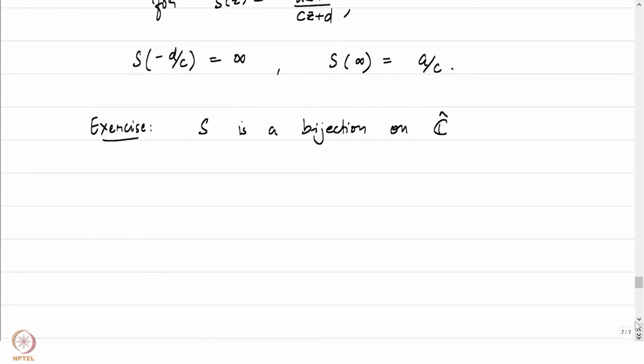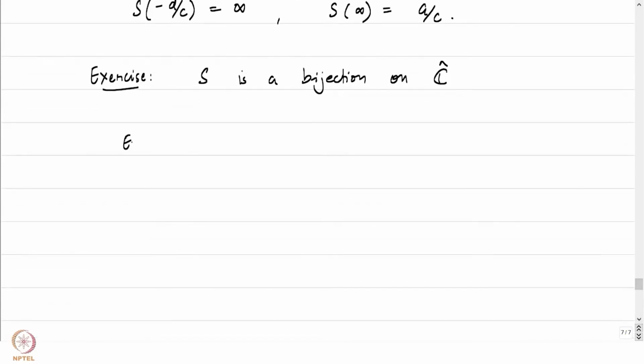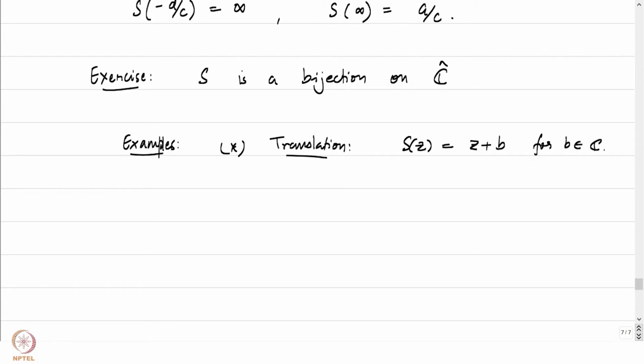Okay, let's look at a few more examples. A very important group of Mobius transformations are the translations. So another very important Mobius transformation is the translation. S of Z is given by Z plus B for B in C. Such Mobius transformations are called translations.